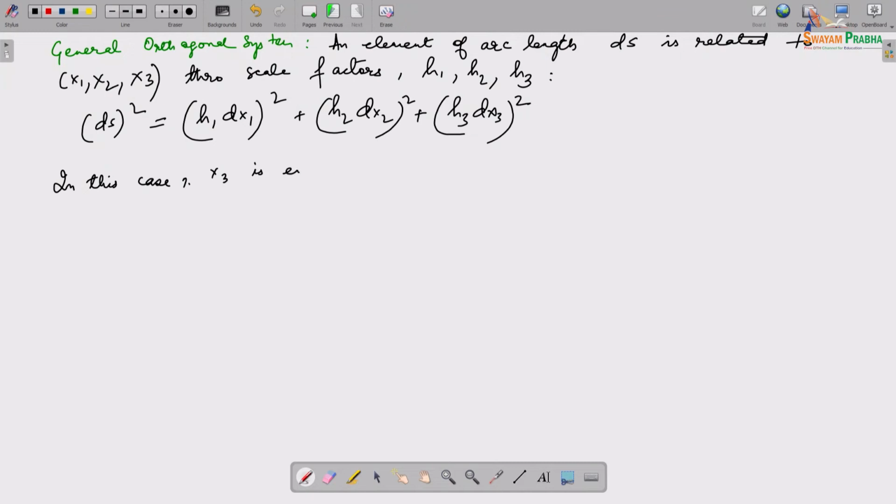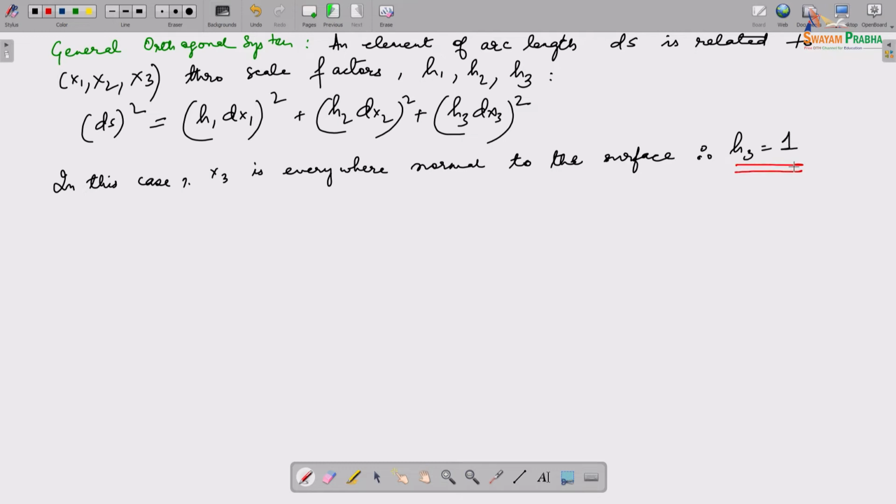You should be able to get the details in any standard mathematics book. In this case, however, x3 is everywhere normal to the surface, and therefore h3 is equal to 1, everywhere.